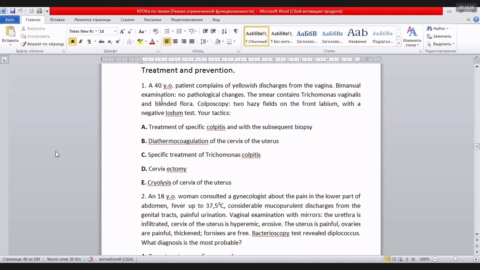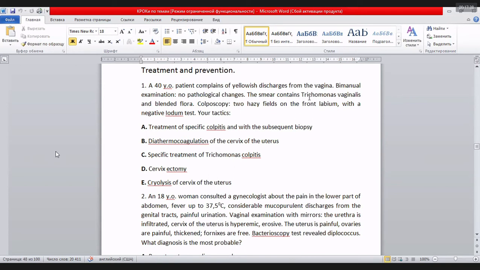What does this woman have? Among this condition when we have any pathological fields on the surface of the cervix, because the iodine probe shows us this, this woman has colpitis, inflammation of the vagina due to the presence of Trichomonas vaginalis, yellowish discharges, but any biopsy we cannot take, any surgical intervention we cannot do if the woman has inflammation.